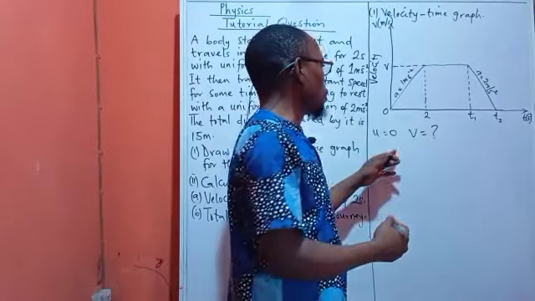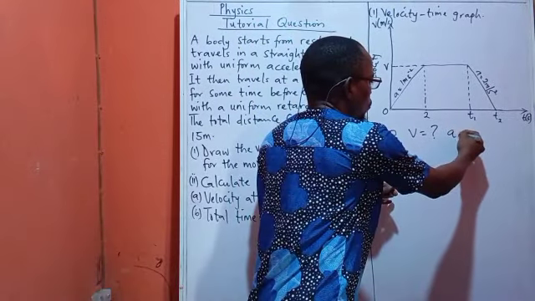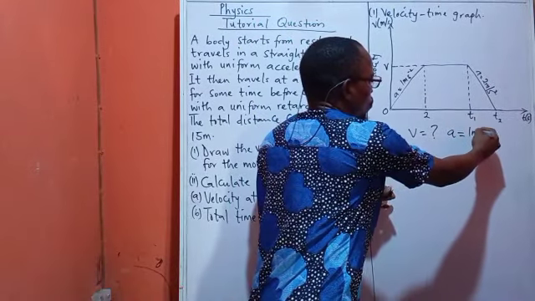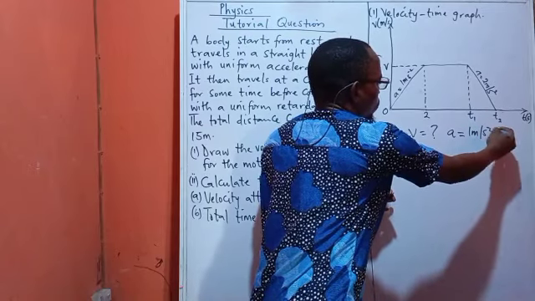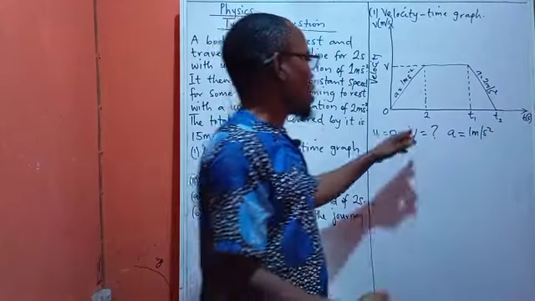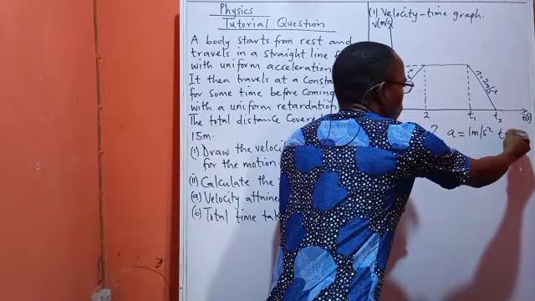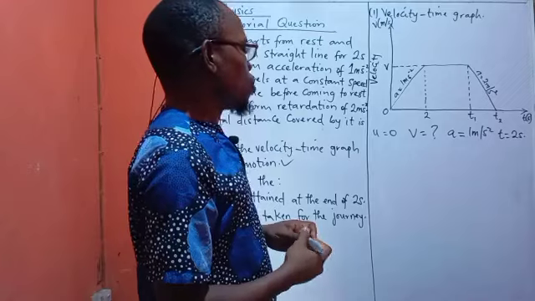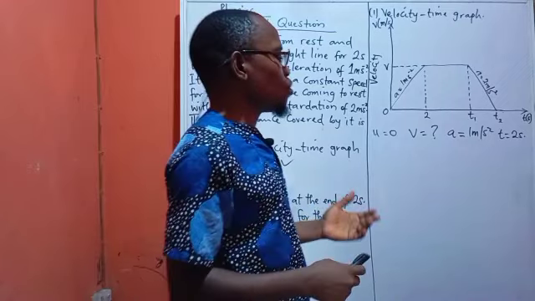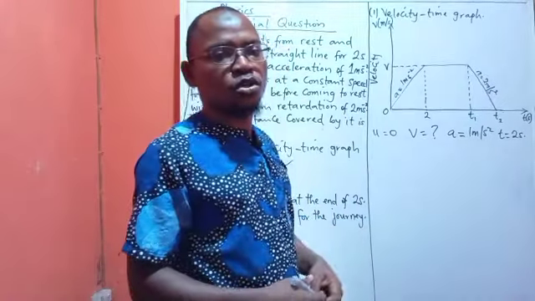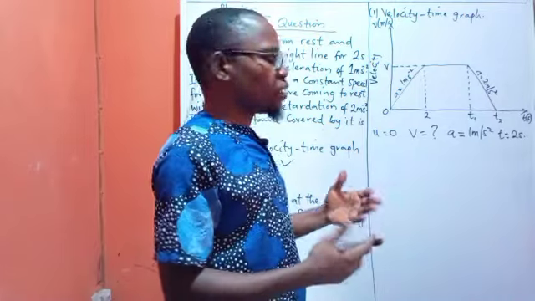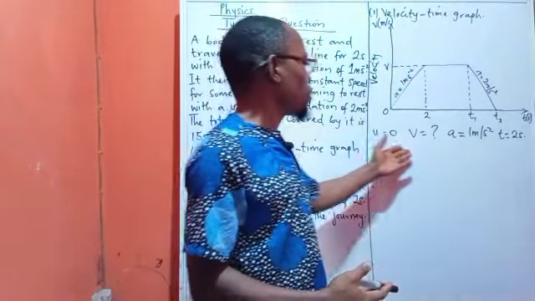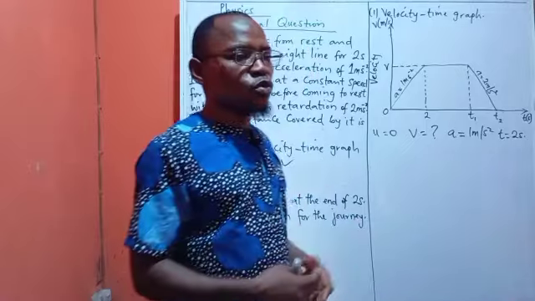What are we also given? We are given the acceleration, which is 1 meter per second squared, and the time for the body is 2 seconds. So the next thing is to use our equation of motion. Which of these parameters are we going to use?